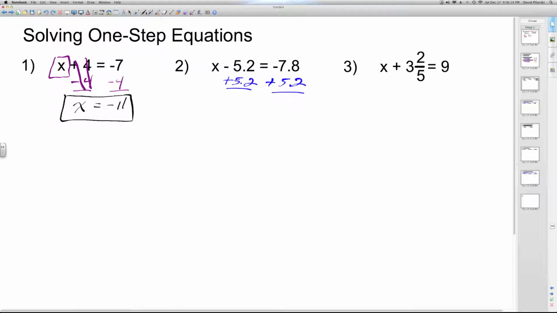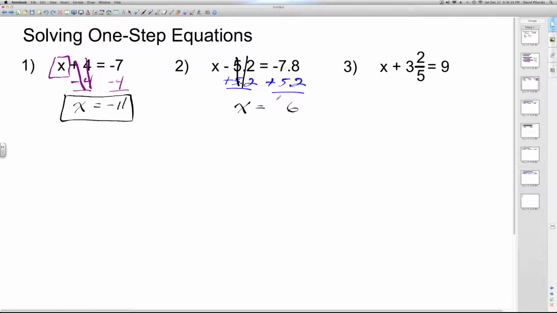Now, on the left-hand side, remember, these numbers become 0. They go away, isolating the variable x. And on the right-hand side, we have to do this calculation, negative 7.8 plus 5.2. Since they are opposite sign numbers, we subtract their absolute values. So 7.8 take away 5.2. 8 take away 2 is 6.